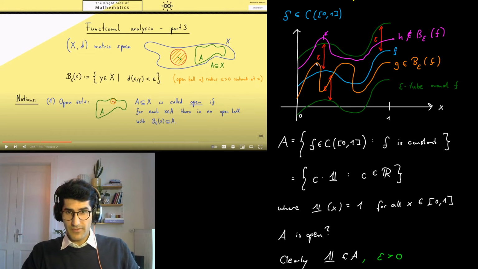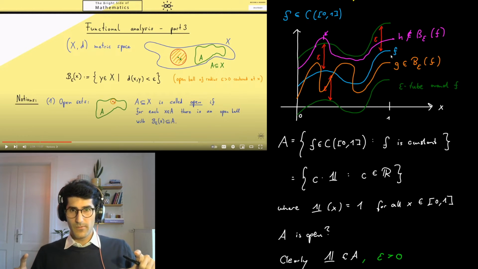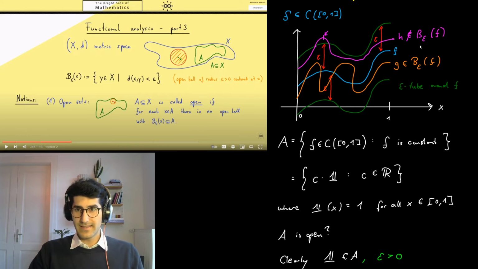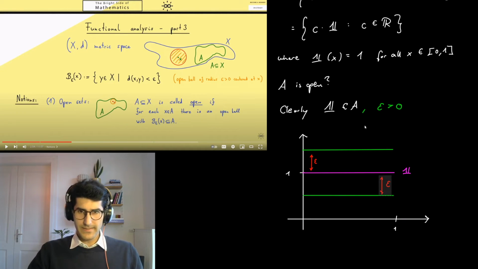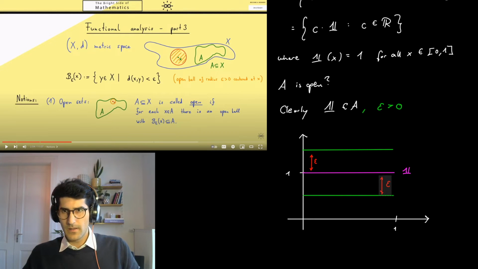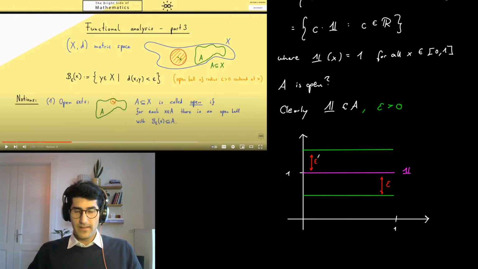If the graph of the function was lying completely inside the epsilon tube, then we knew that this function also would be inside the epsilon ball around f. Well, in this case, we want to know whether we find an epsilon tube such that within this epsilon tube only constant functions are.